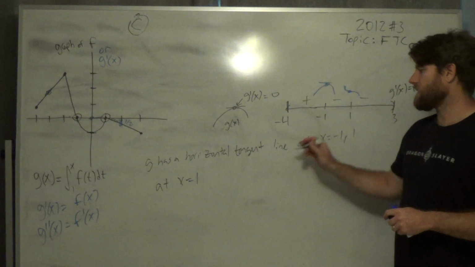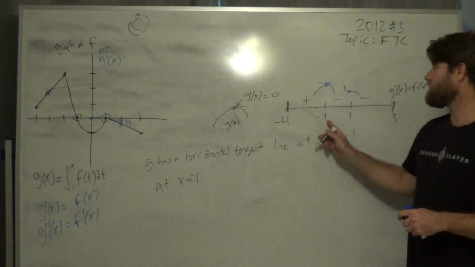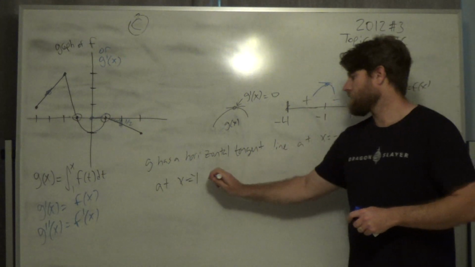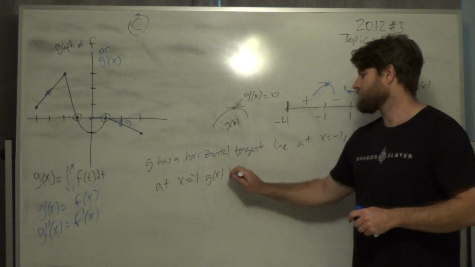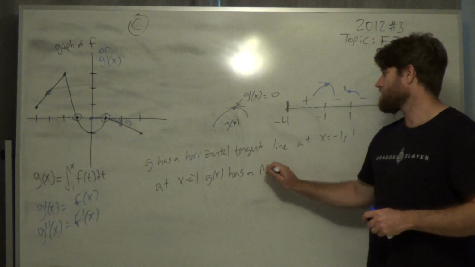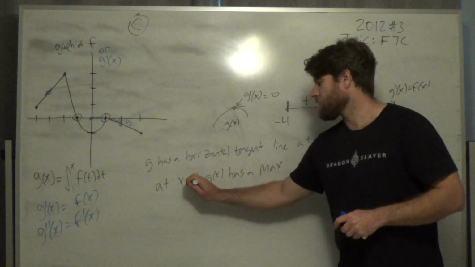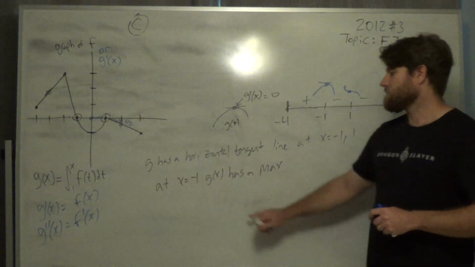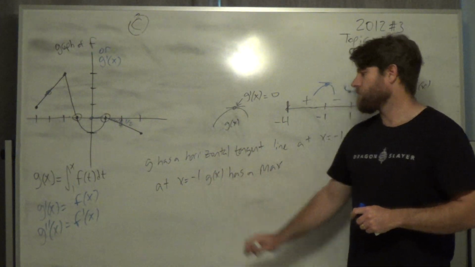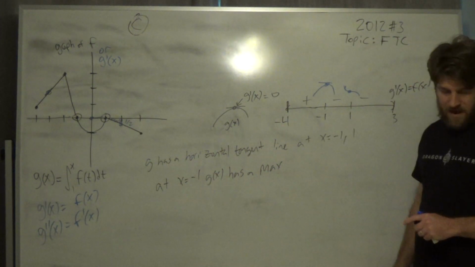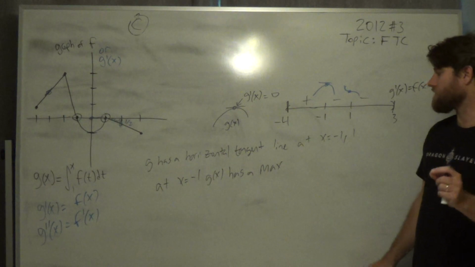So I would say at x equals 1, sorry, at 1, we'll do -1 first. At x equals -1, g of x has a maximum. Okay, there we go. So at x equals -1, g of x has a maximum. And notice they say justify your answers.